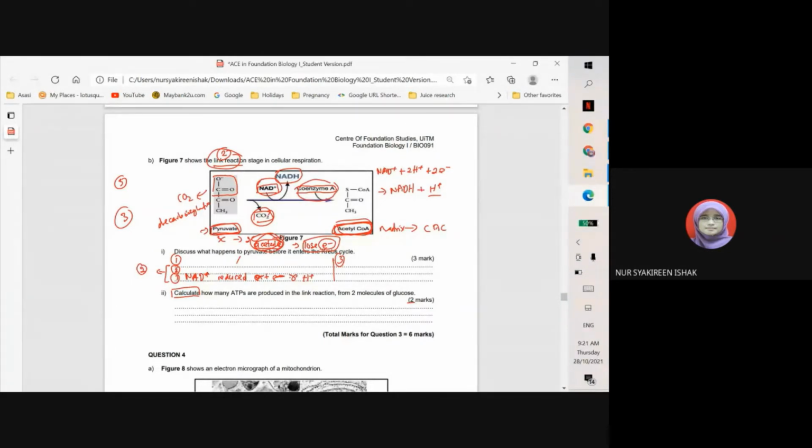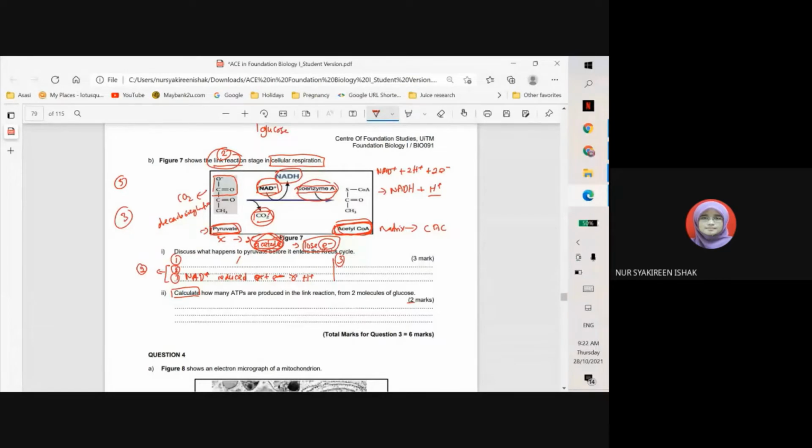Selalunya kalau untuk cellular respiration, we know that for one complete oxidation of one molecule of glucose during cellular respiration, at the end of glycolysis, it produces 2 pyruvate.